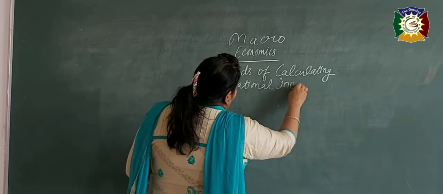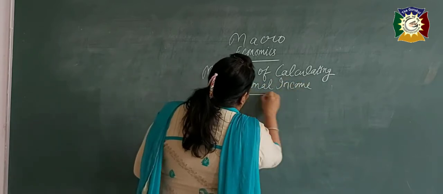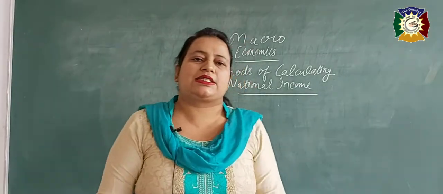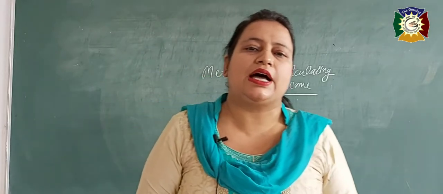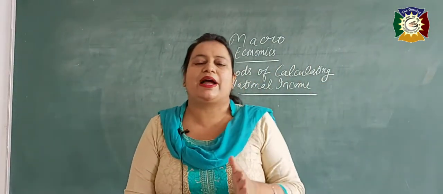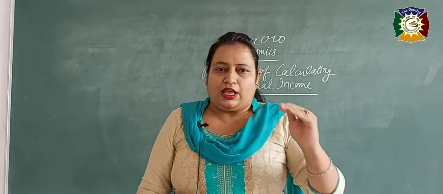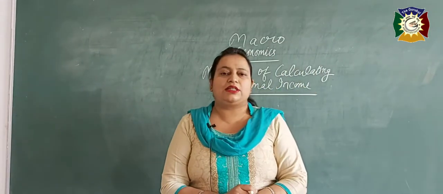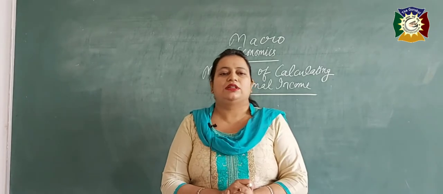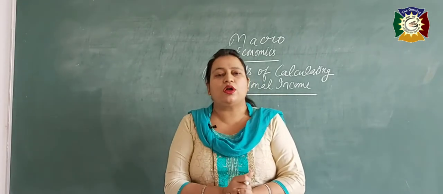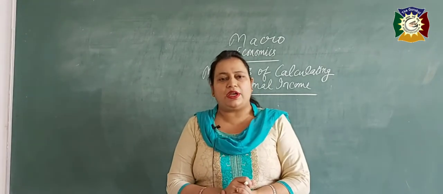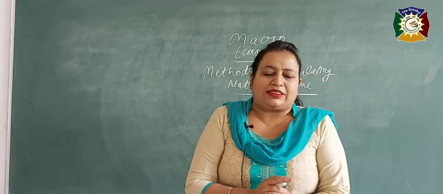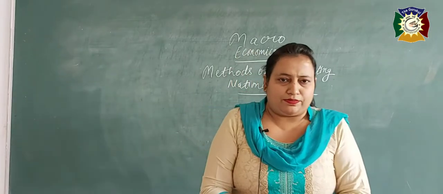Today we shall discuss the theory of this chapter and I will tell you the steps to find the national income by the various methods. In the next lecture I will tell you the practical and numerical examples that you will do in your notebook, and I will send you a PDF with a number of questions to be solved. Okay, methods of calculating national income.